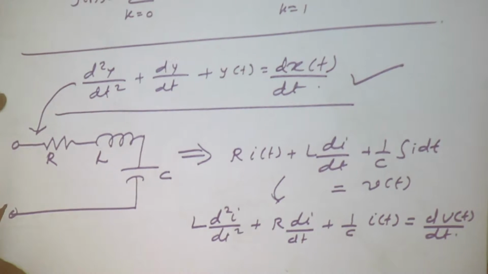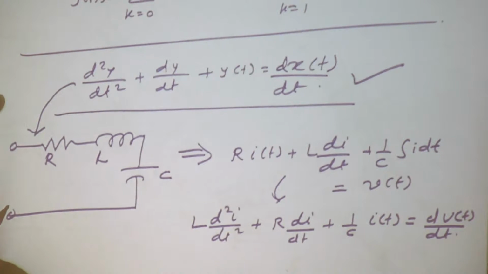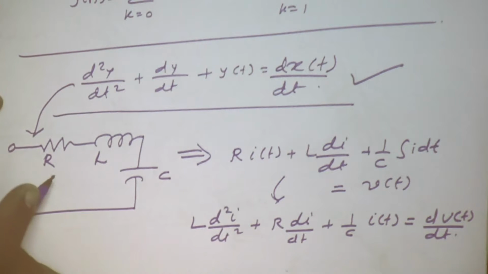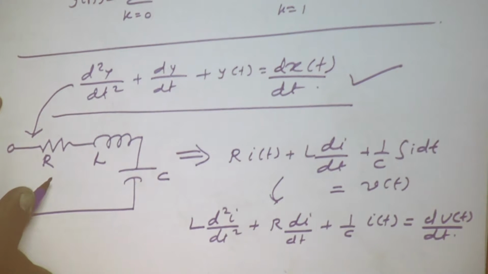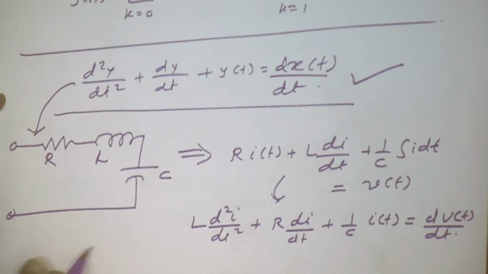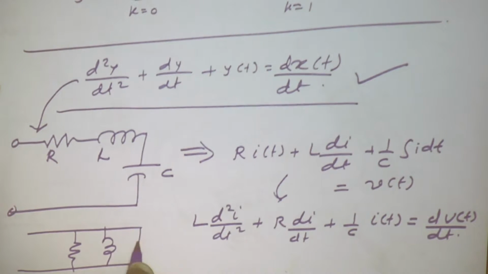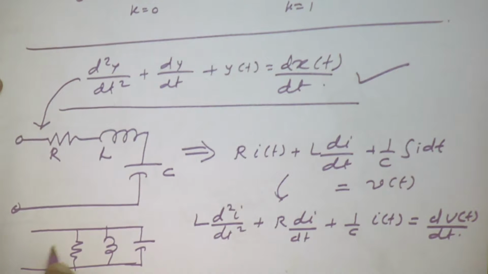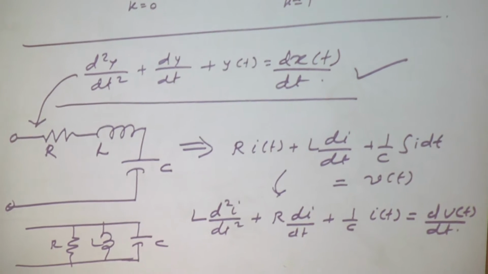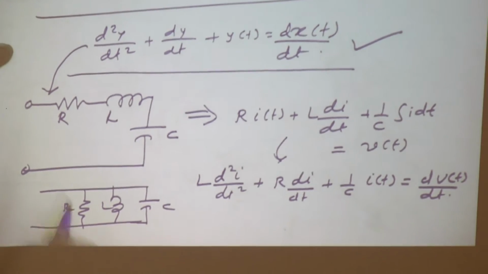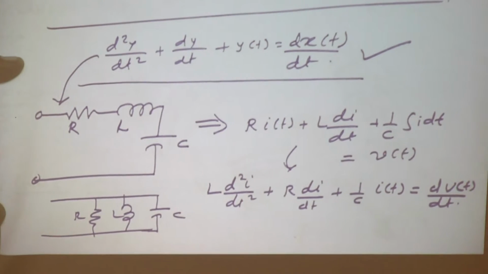There could be many ways of realization of a differential equation. One simplest realization is like this. I could well have taken another realization in the form of a parallel RLC circuit. Write the differential equation corresponding to this. Here I will be the input and V will be the output.